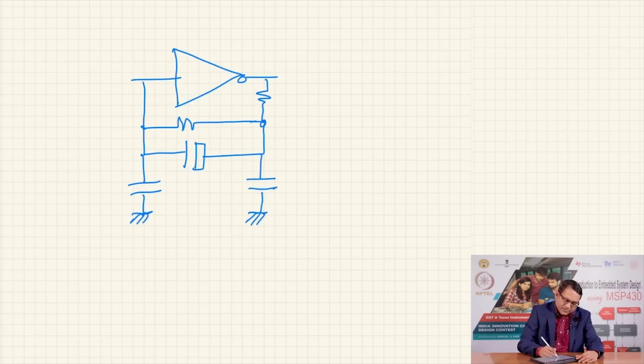Now this is typically say 10 picofarad, this is also 10 picofarad, and this crystal could be say 1 megahertz.